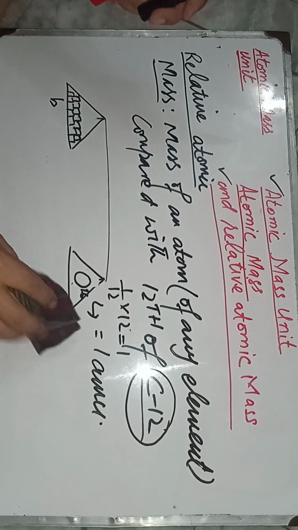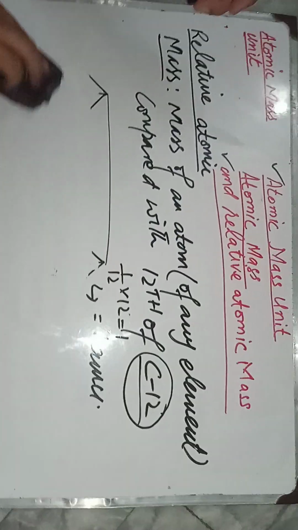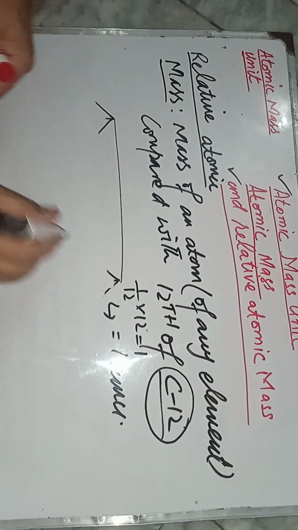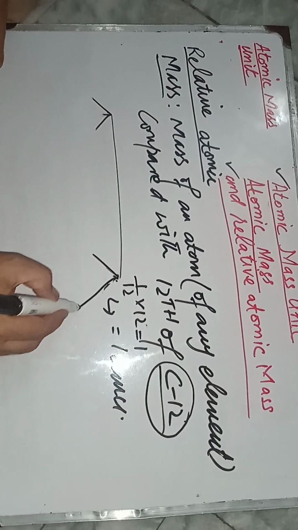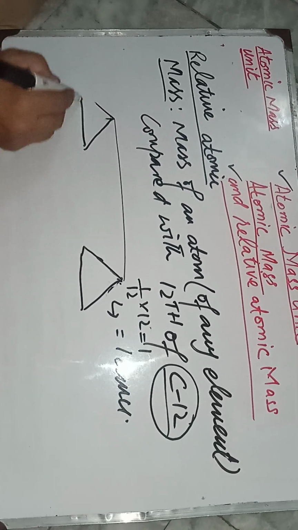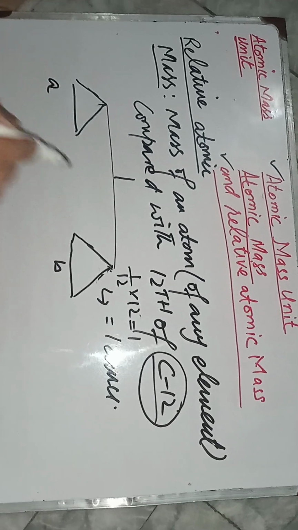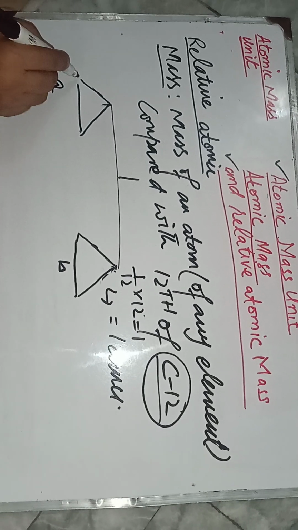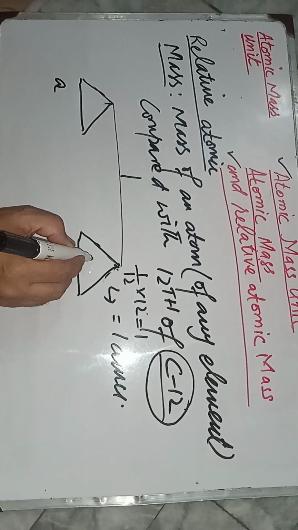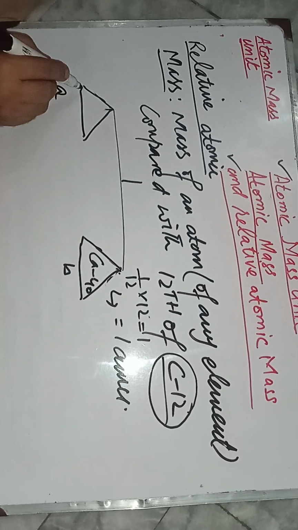Similarly, if we compare calcium 40, it will be compared in this way: this is pan A and this is pan B of the scale. If we are taking calcium 40, how many atomic mass units will be placed on this side?